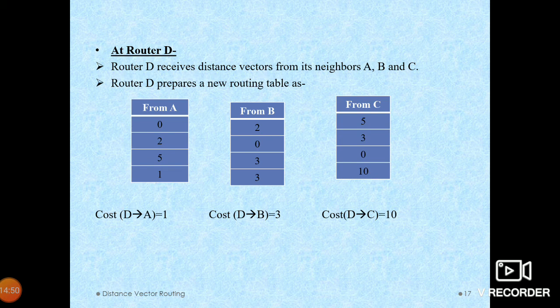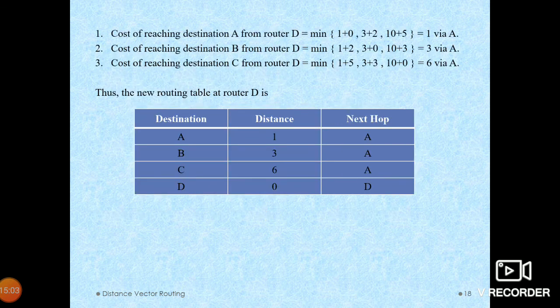Similarly, router D receives the distance vector from the neighbors A, B, C, and it prepares the new routing table. Cost of D to A is 1 and cost of D to B is 3 and cost of D to C is 10.